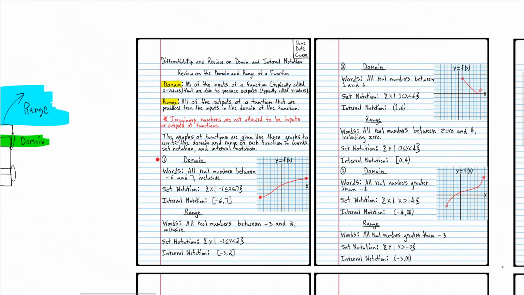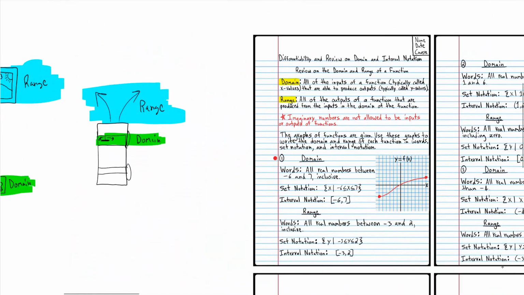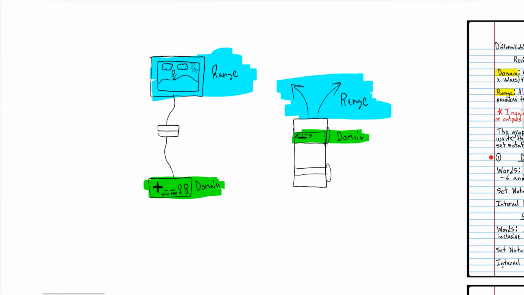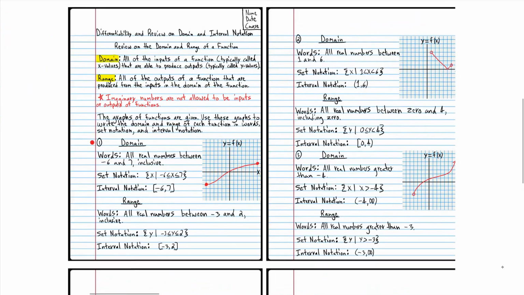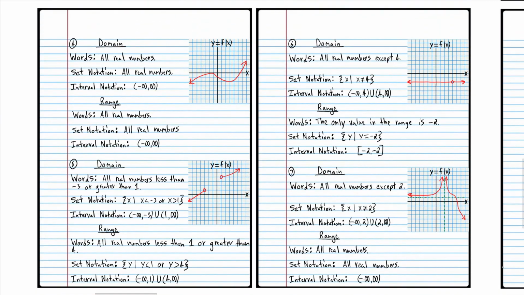Okay, so hopefully that jump-started your mind when it comes to domain and range of a function. If these pictures help you to visualize what domain and range are, you can take pictures of those. Get a picture of this problem set here, and a picture of these problems here.